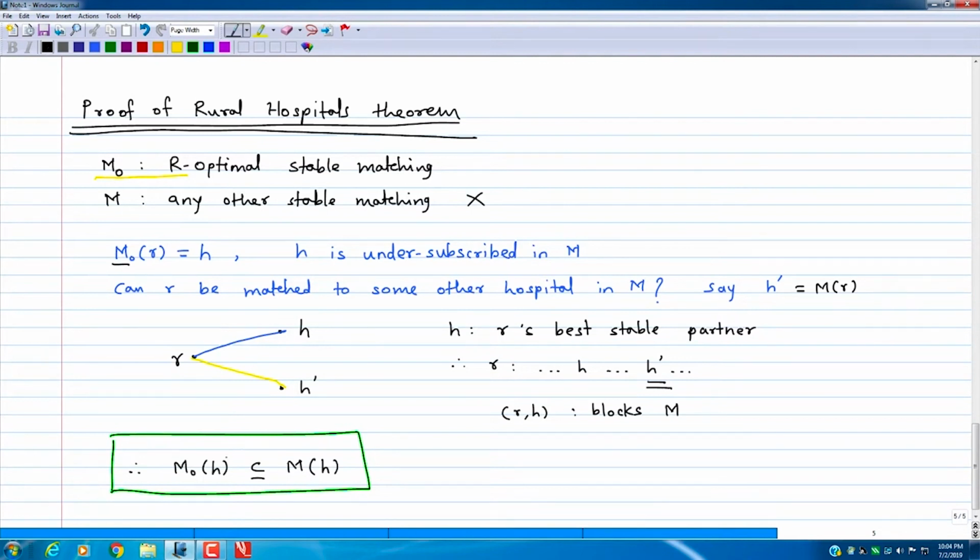So here, because M naught H is a subset of MH, the only possibility for MH to be different from M naught H is by having more residents. Right? But that is ruled out because every hospital gets the same number of residents in all stable matchings, which we concluded by blowing up our instance to the one-to-one setting by making copies of hospitals.